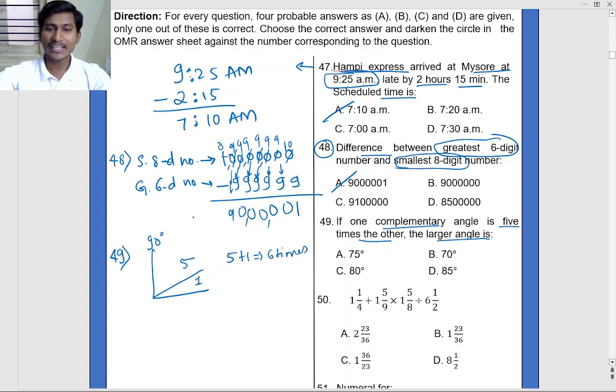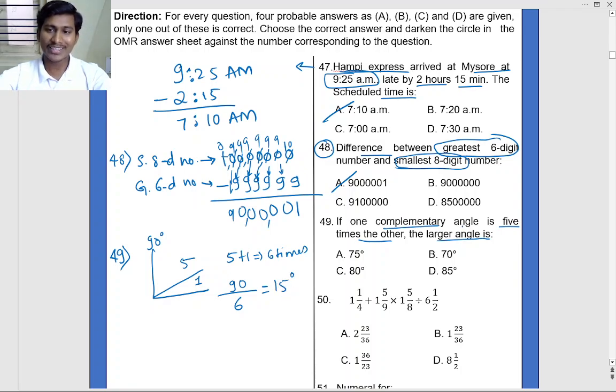So in 90, if you take 6 parts, what will be there? We find the share, right? So this is 5 is to 1. Total parts: 90 divided by 6. So how much is it? That is 15, 6 15s are 90. So each part is 15.